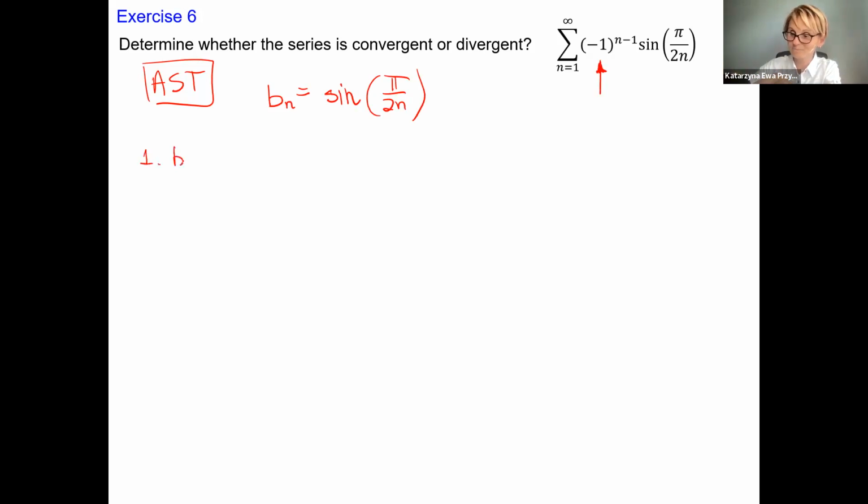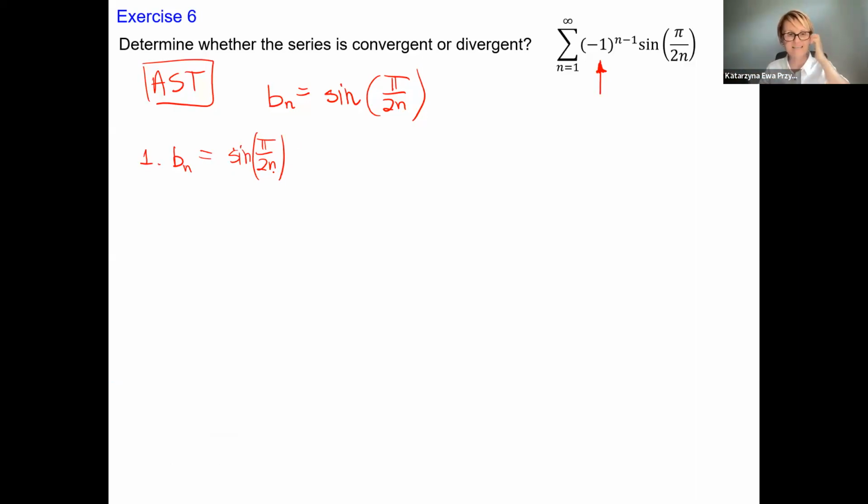Okay, let's check. b sub n, I can copy the formula for my students. Do you think it's positive? I was going to ask you. Do you think sine of pi over 2n is positive, always?